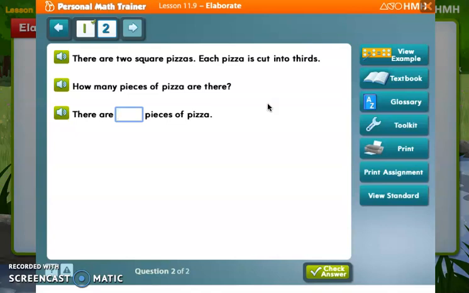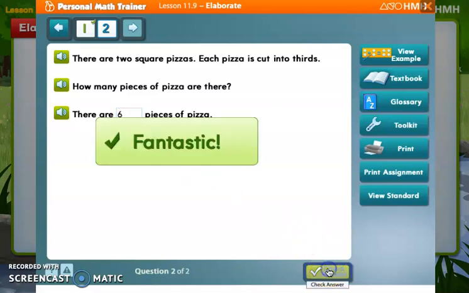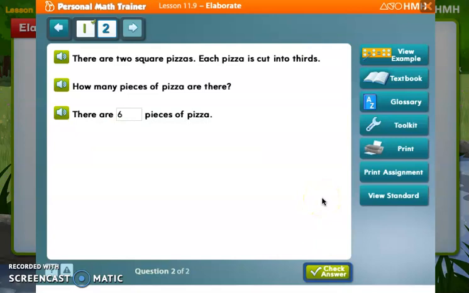And then we have another pizza that's also cut into thirds, which is another 3 pieces. So 3 pieces from the first pizza and 3 from the second pizza, 3 plus 3 equals 6. So we should have 6 pieces of pizza. And let's check our answer. Fantastic! Nice, perfect. And we were able to see our answer on this one this time, so great job.